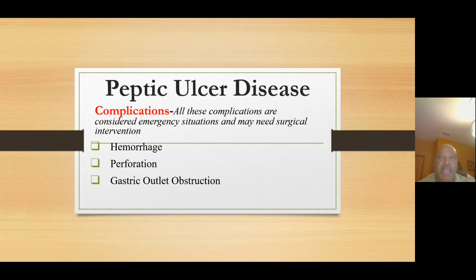And so spillage of the contents, the food contents and the acids, if you will, that are located in the stomach and the duodenum, they will now spill over into the peritoneal cavity, right?